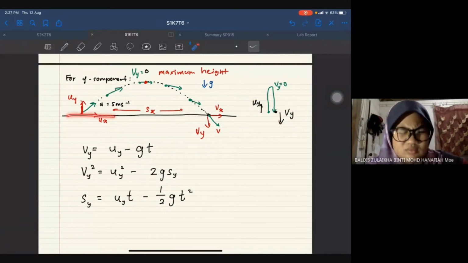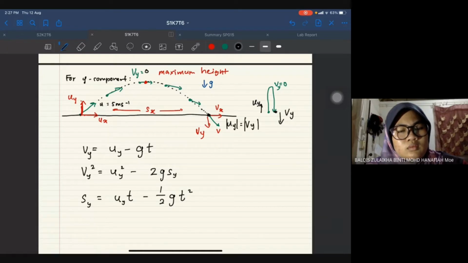So, kalau this one is the same level, this one is the ground, this one is the starting point, dekat sini, the final velocity dia, yang Y component, the same magnitude with the Uy, as long as the direction is opposite. But the magnitude is equal. So, I can write over here that Uy is equal to Vy.